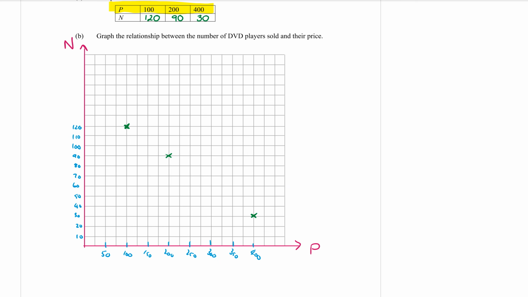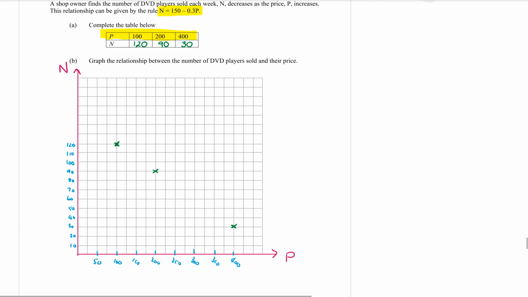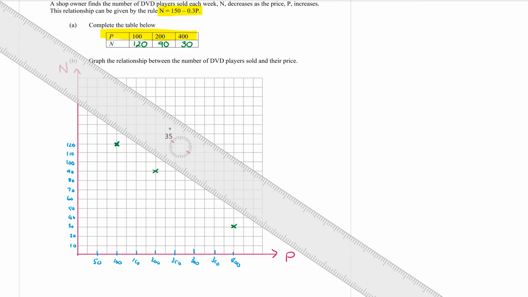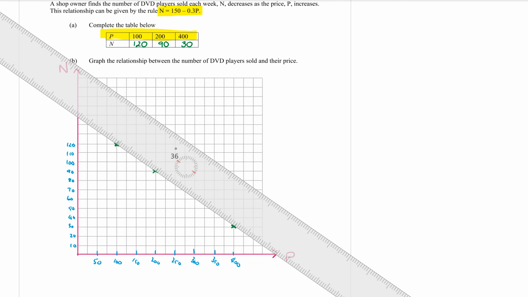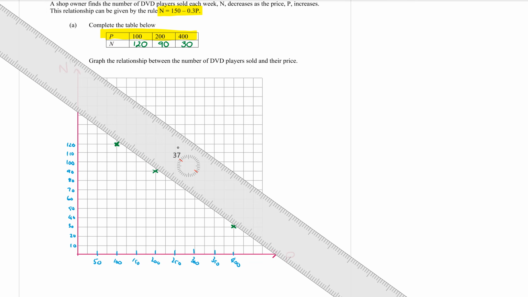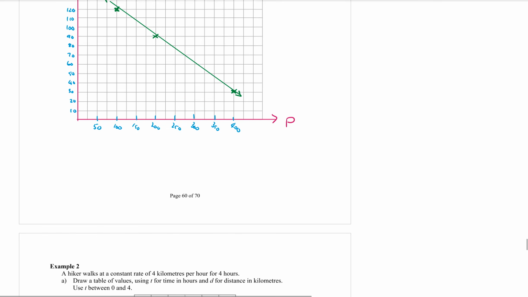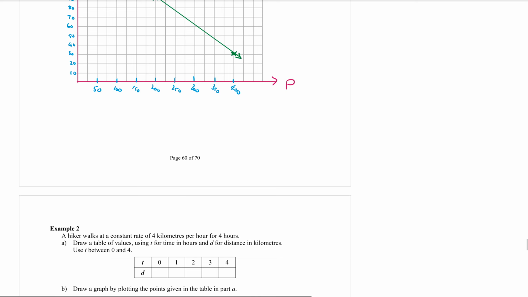Okay, so that should be making a nice straight line. Let's check it with our ruler. Yes, lovely and straight. And we can draw a line going through there. Oh, it's a little bit off there at the top. Okay, so that's it. That's all that we had to do for question 1.